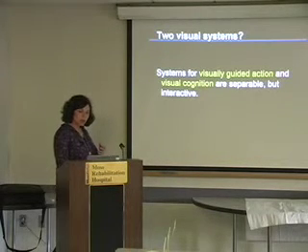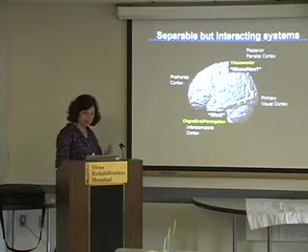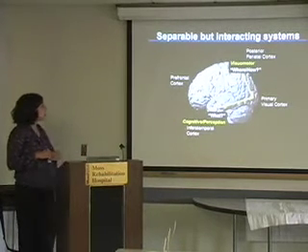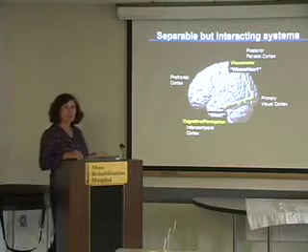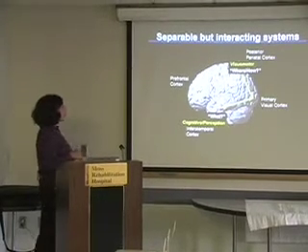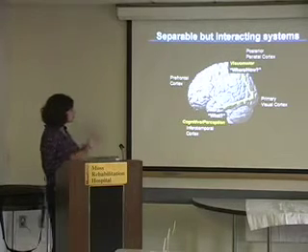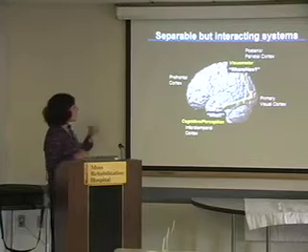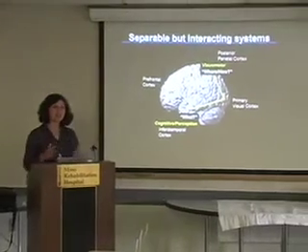Now, there's been a lot of work on this idea of two visual systems. These processing streams can be defined both functionally and anatomically. You can see from this drawing that there's one system that's thought to project from the primary visual cortex dorsally, ending at the posterior parietal regions.